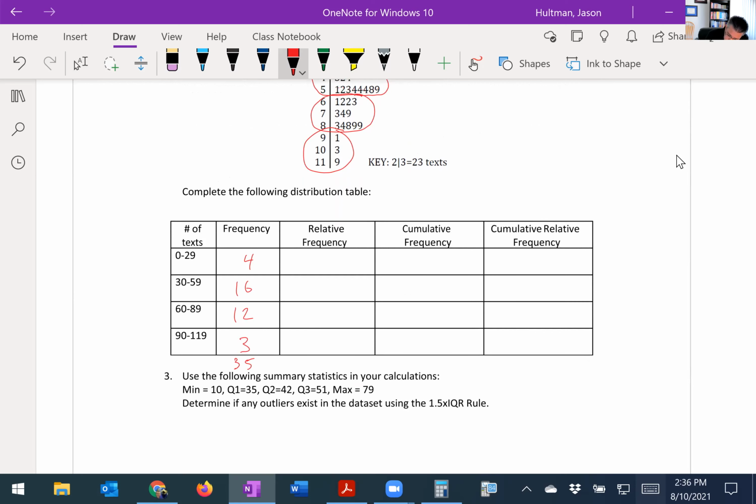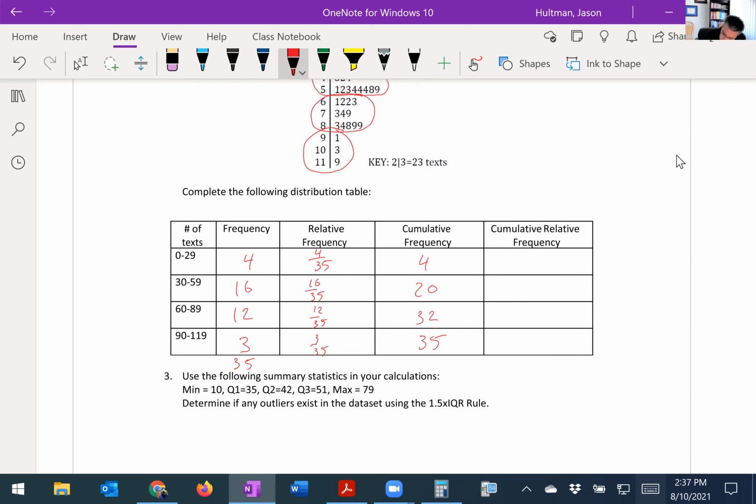So relative frequency, so this is going to be 4 out of 35. This is going to be 16 out of 35. This is going to be 12 out of 35. And this is going to be 3 out of 35. Okay, cumulative frequency. So this is where we add up the frequencies. This is going to be 4, and then 20, and then 32, and then 35.